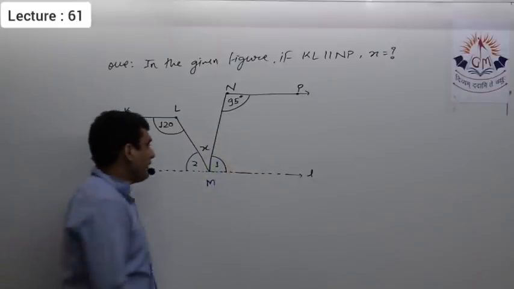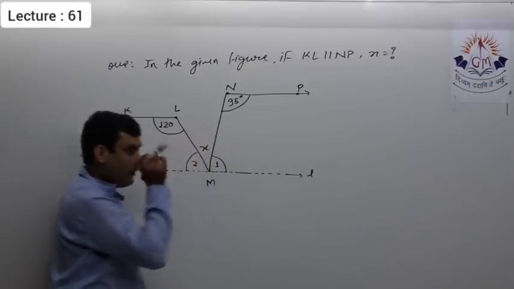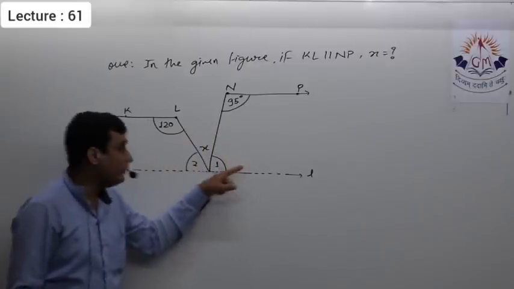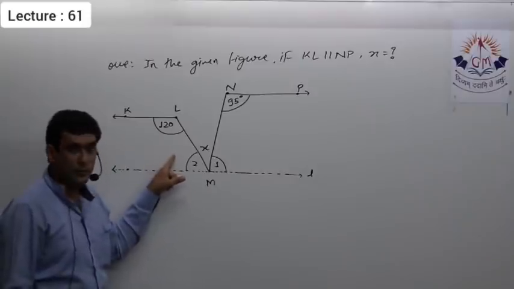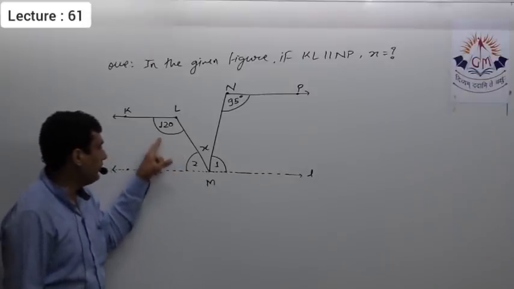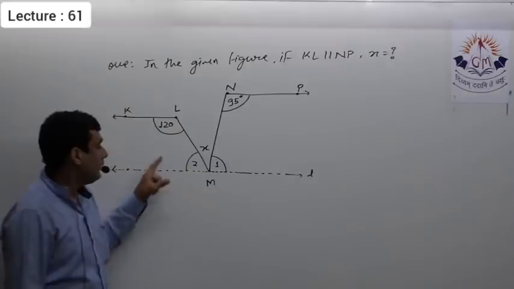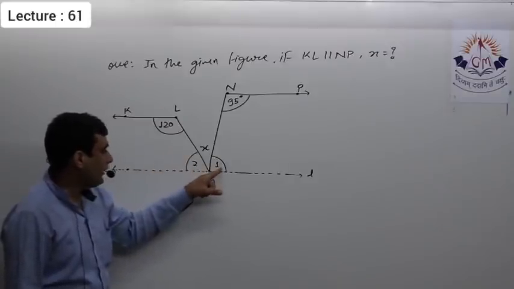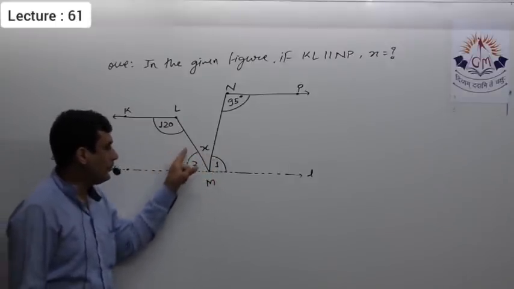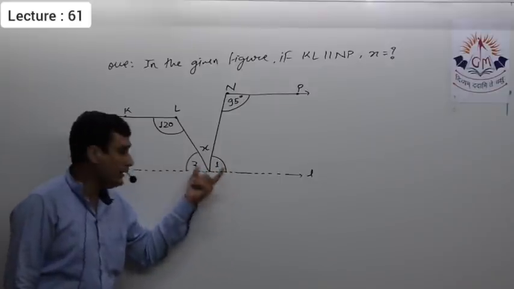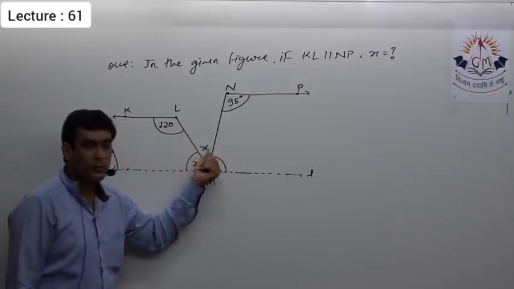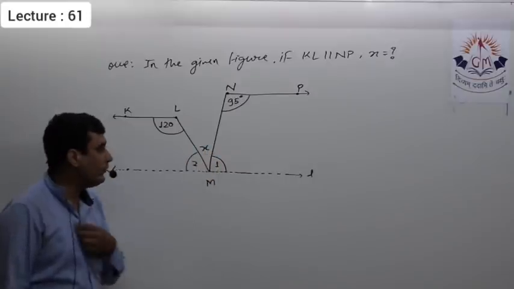So this gives the measure of angle 1. In the same way, we will get the measure of angle 2: 2 plus 120 equal to 180. After getting 1 and 2, I can say 1 plus x plus 2, the sum of these three angles, is equal to 180, among which these two are given, so it will be easy to get the value of x.